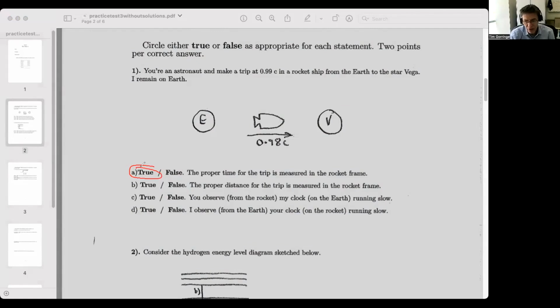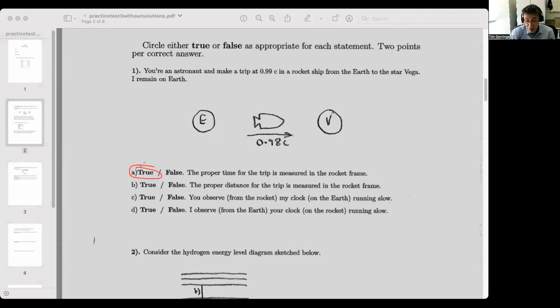The proper distance between Earth and Vega is also measured in the frame of reference where Earth and Vega are at rest. Now, Earth and Vega are not at rest in the rocket ship reference frame. We're traveling away from Earth and towards Vega, so Earth and Vega are moving in the rocket ship reference frame. We wouldn't measure the proper distance between Earth and Vega.